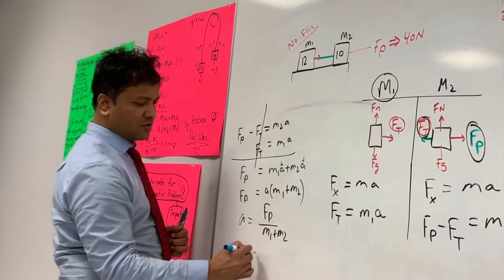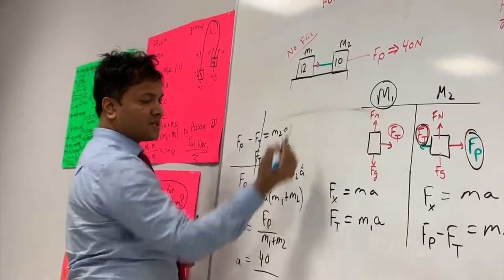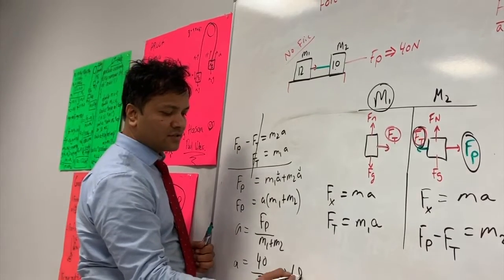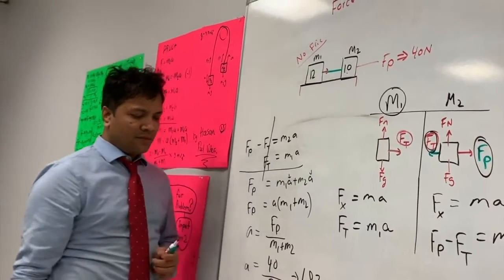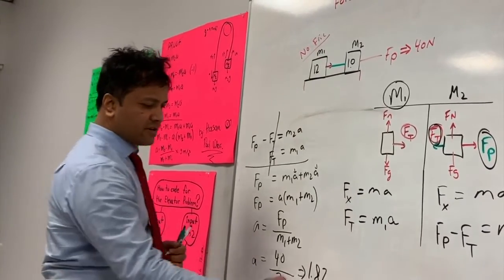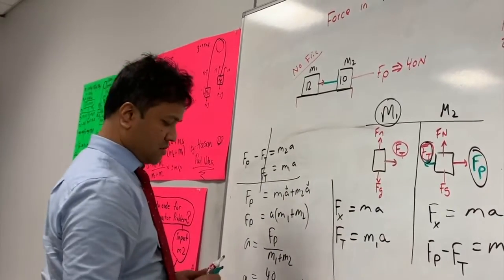So a is equal to 40 over 12 plus 10, which is 22, so 1.82, I believe. Alright, so this is our acceleration, meter per second squared. Now let's find the tension.